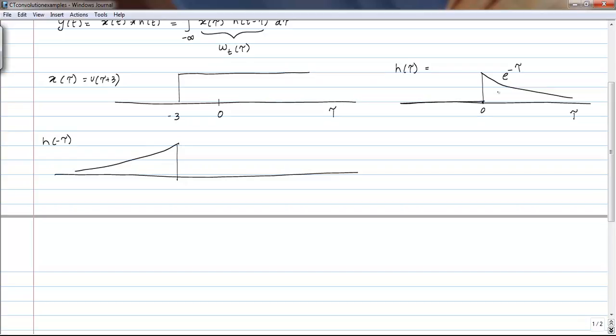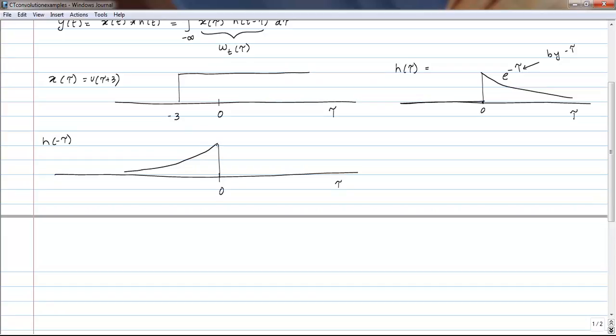But mathematically this signal can be obtained by replacing tau by minus tau. So this function actually becomes e raised to tau, and this function is 0 for all values of tau greater than 0. Oops, I better be careful. I have to align the 0 with this 0. Okay, so this is h of minus tau.